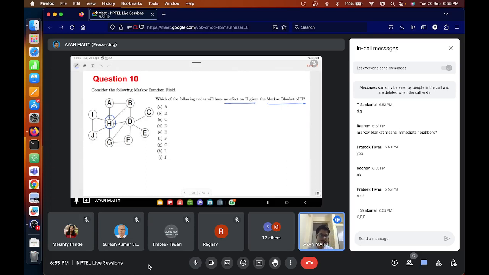Pratik Tiwari is saying CEF, Shankar Lal is saying CEF.